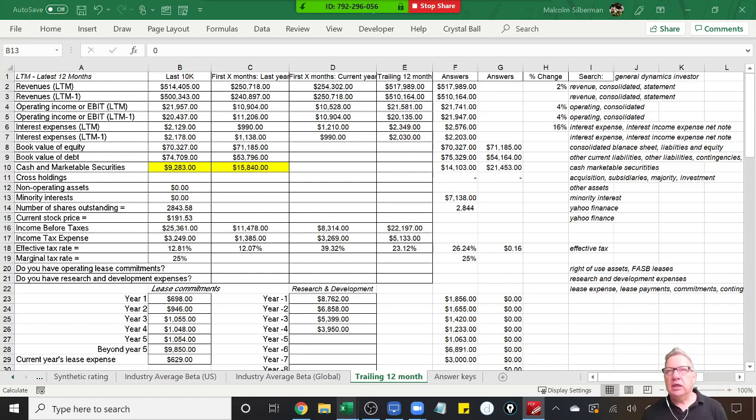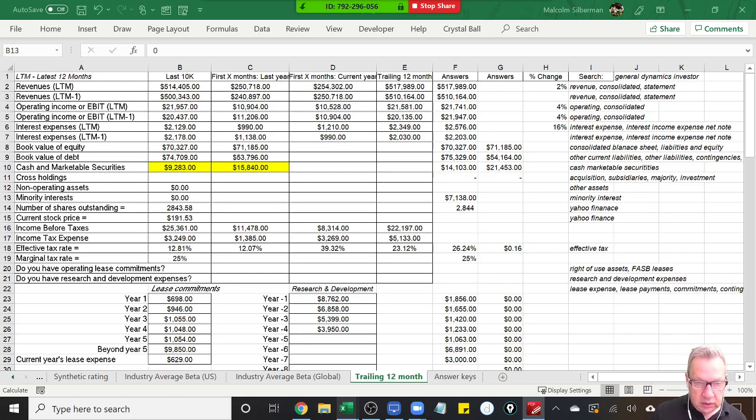Cross holdings is where you've got less than 50%, and you get two measures, although they don't make any difference from a valuation point of view: 0 to 20%, or 20 to 50%. There are just different ways they handle it from an accounting perspective. But I haven't seen any of those listed here.